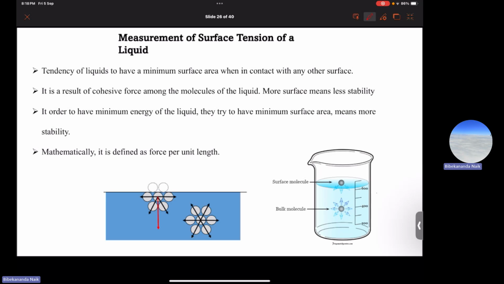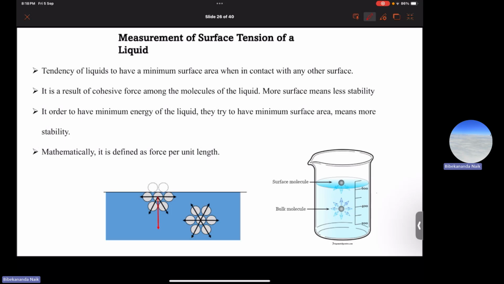Now, before discussing a few problems regarding the concept of surface tension, let's discuss a few things about surface tension. So what is surface tension? The surface tension is the tendency of liquids to have a minimum surface area when in contact with any other surface. So why does it happen?